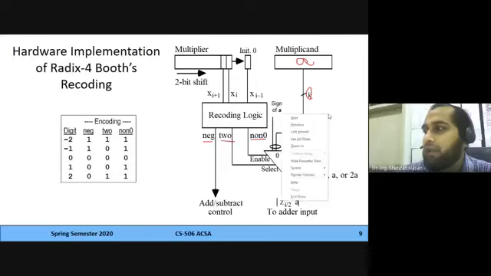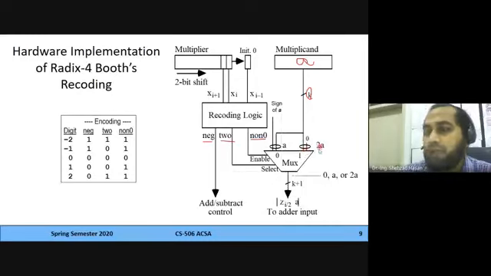Okay, and when we're talking about this 2 multiplied by 2 value over here, that's also simple. We are not shifting it in over here. We're just passing A over here and appending it with 0.